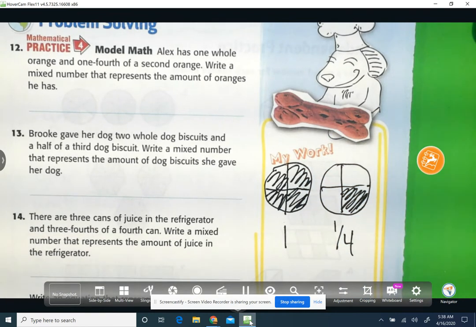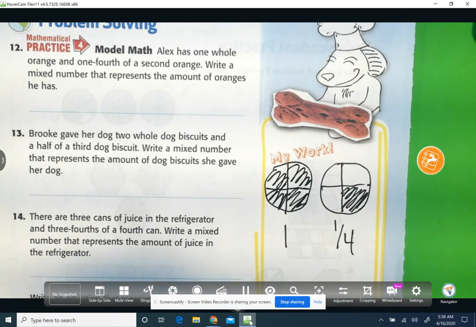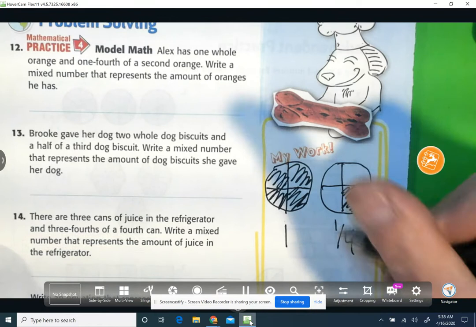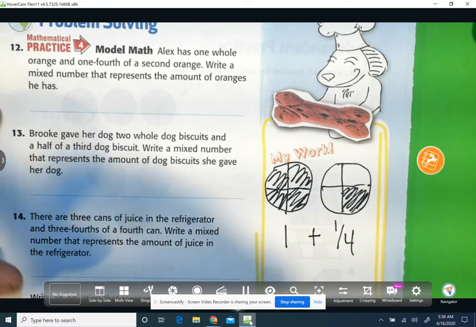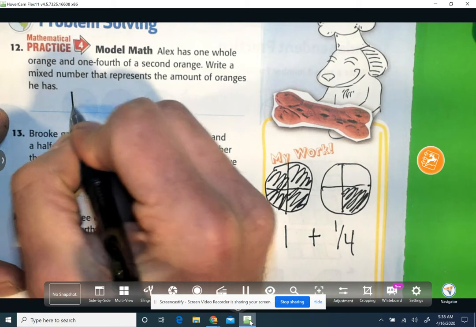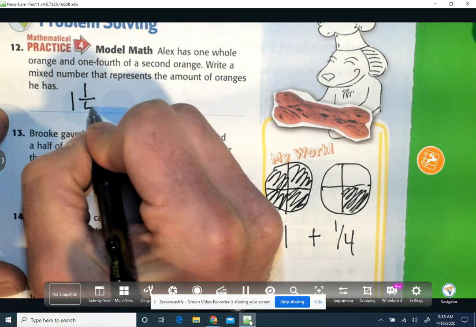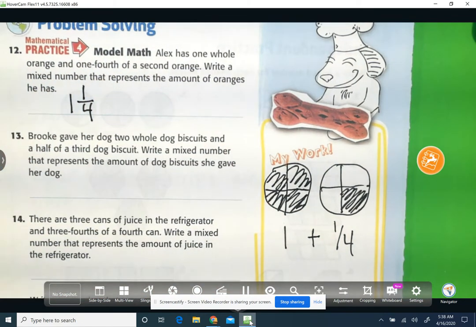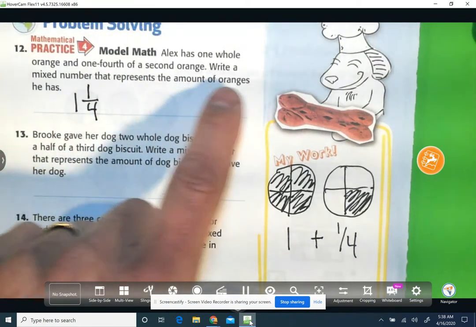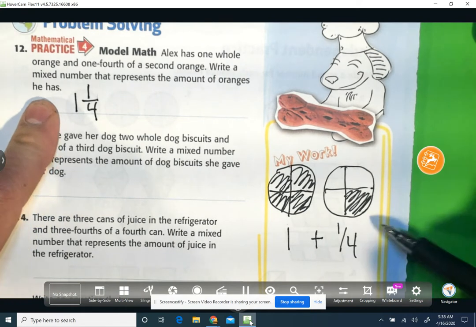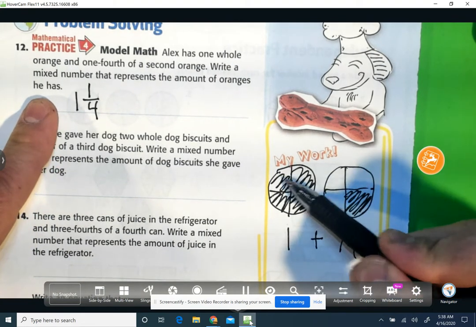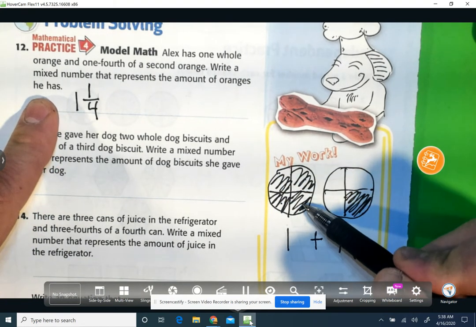If you add those up, 1 plus 1/4, he has eaten 1 and 1/4 of an orange. Okay. Write a mixed number that represents the amount of oranges he has. Another way to look at this is he ate 1/4 plus 1/4 plus 1/4 plus 1/4 plus 1/4.